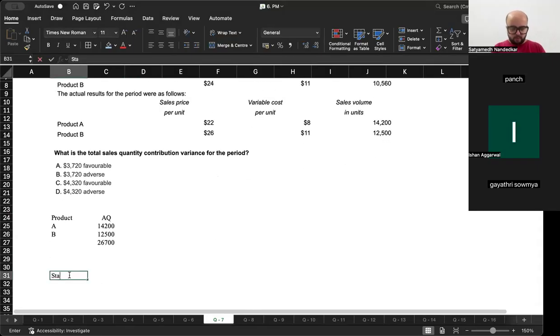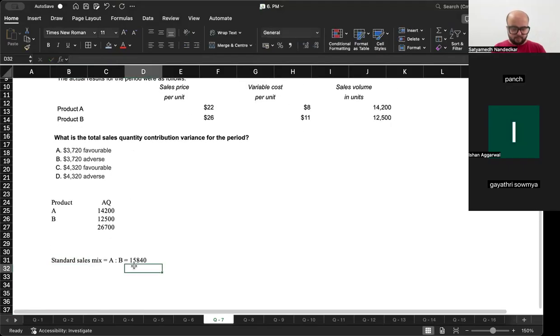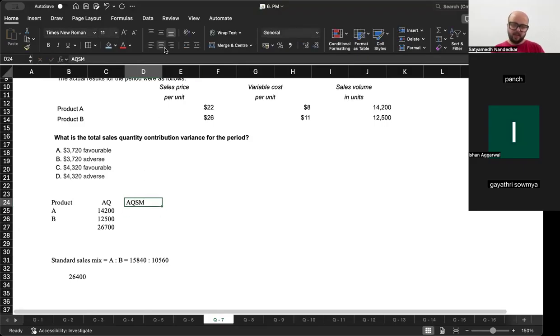Okay, so standard sales mix is A is to B, 15,840 is to 10,560, 26,400. एक्चुअल क्वांटिटी स्टैंडर्ड मिक्स.